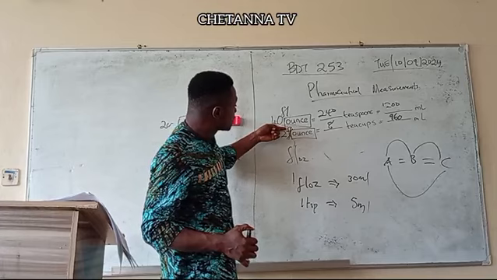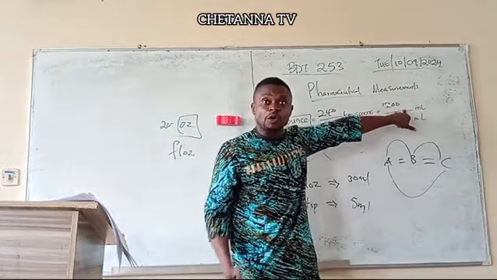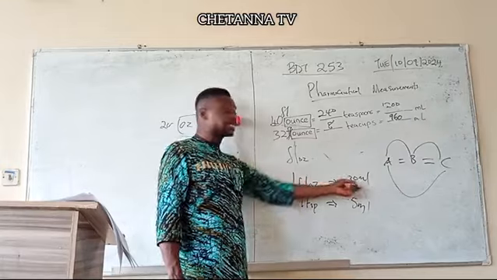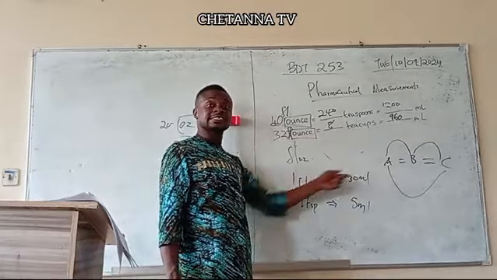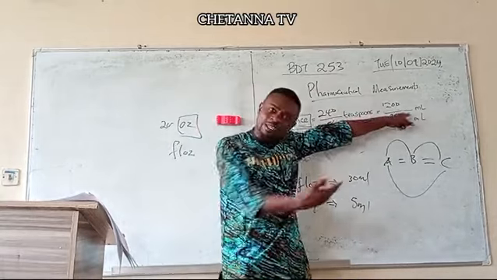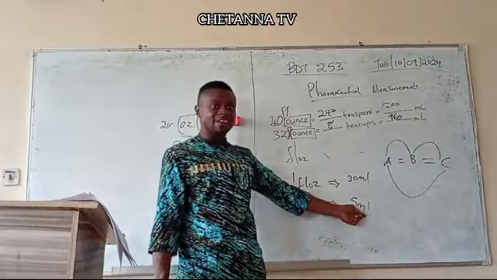The same thing here. 40 ounce is equal to whatever mil that should be here. But you already know that 1 food ounce is 30 mil. So if 1 food ounce is 30 mil, 40 food ounce should now be how many mil? 1,200 mil. You come down here again. 1 teaspoon is 5 mil.